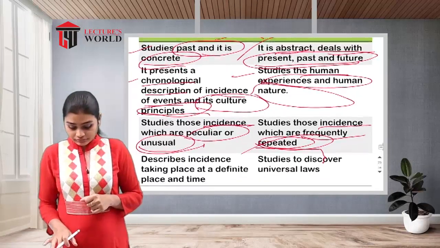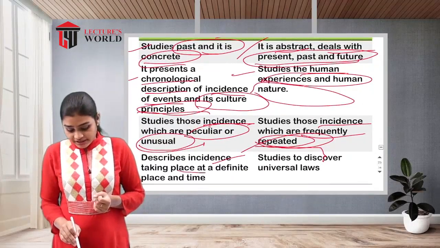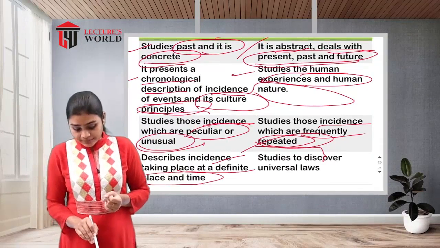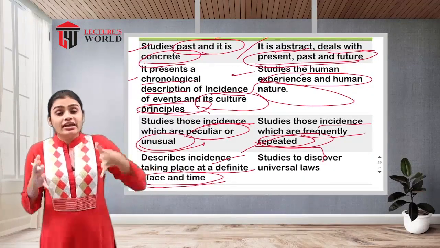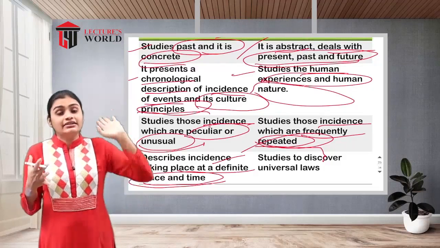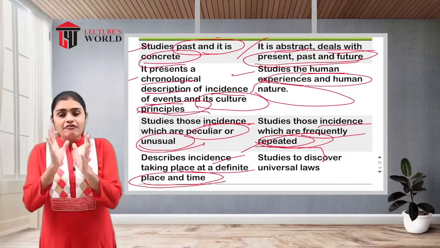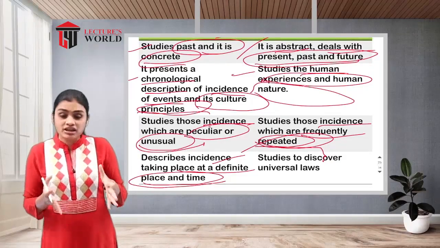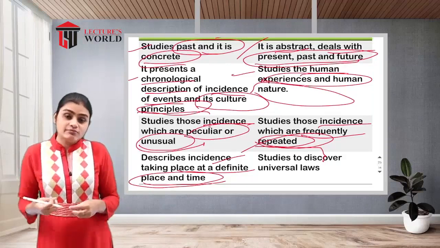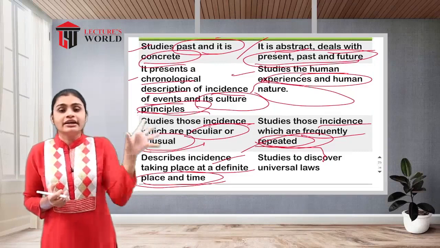Then the next is: describes incidents taking place at a definite place and time. In history, what event has already occurred in our past, and at what time. So the exact place and exact time we have, that yes, this incident occurred at this time in this place.